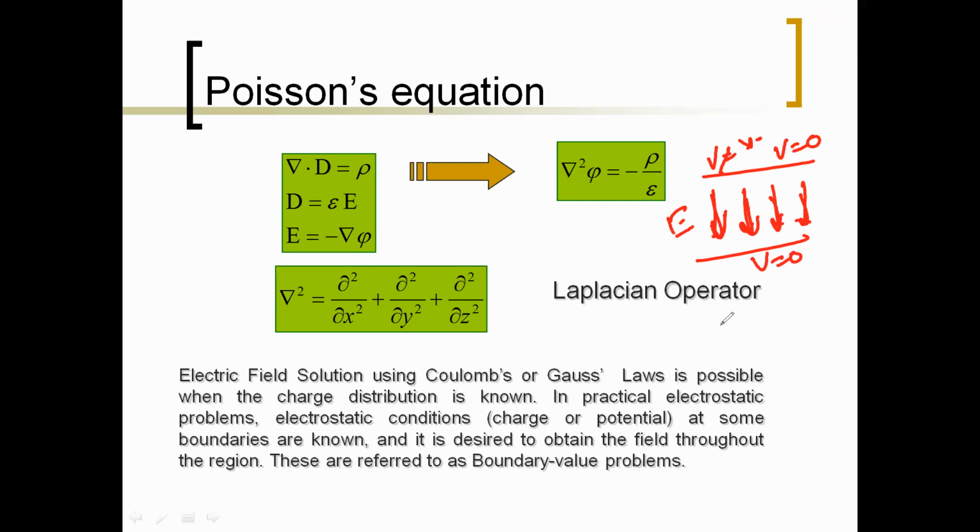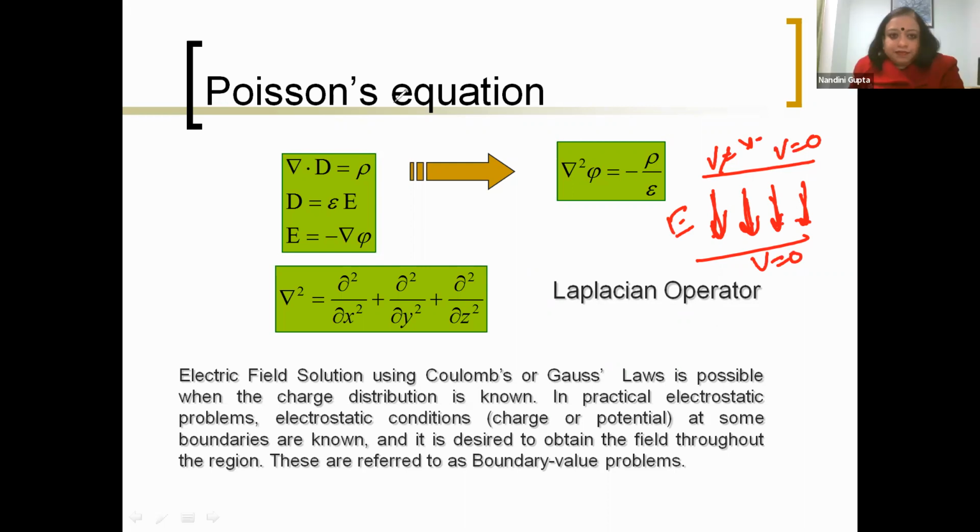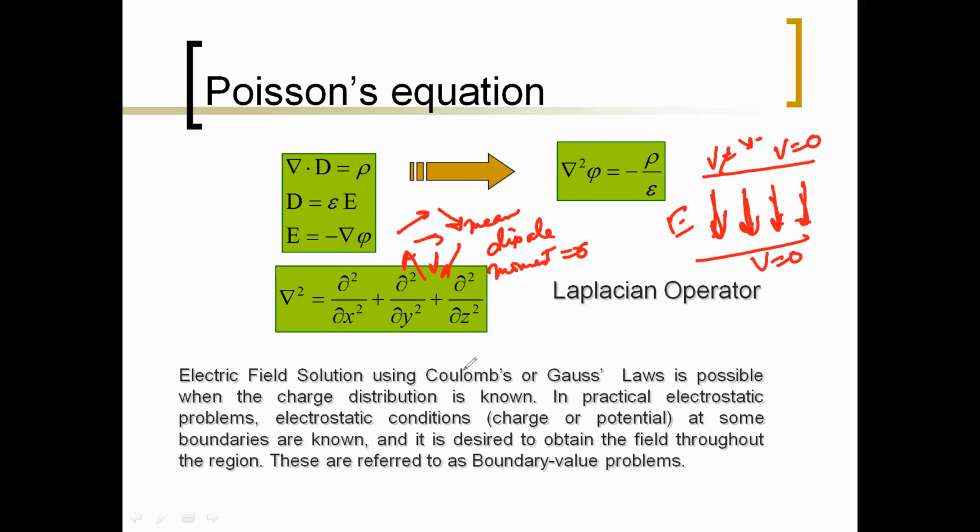Yes, ma'am. How? Due to the polarization in the dielectric medium. When you do not have an external applied field, the dipoles are aligned in random directions so that their mean dipole moment is 0.